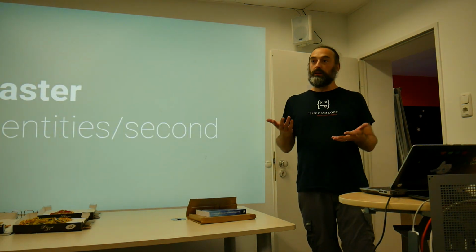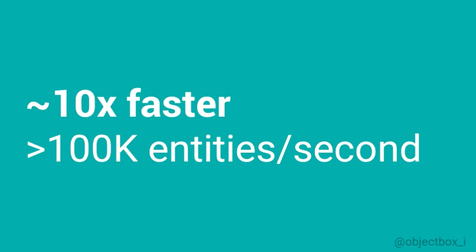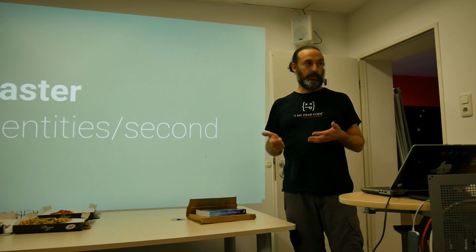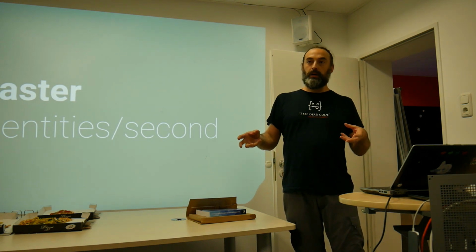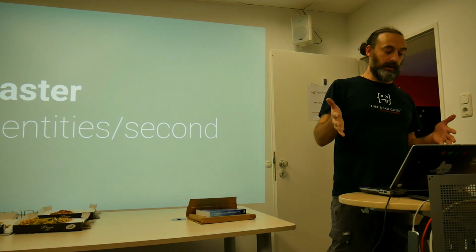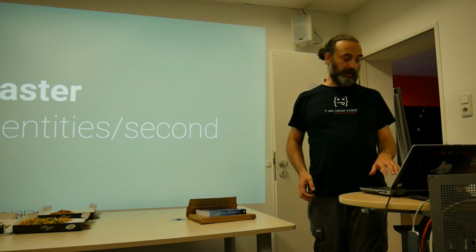So it can be up to around 10 times faster, and in absolute numbers, you can have like 100K entities, bulk operations per second. So you can operate on a lot of data. Also, if you think about mobile, you can pull more data onto your device.